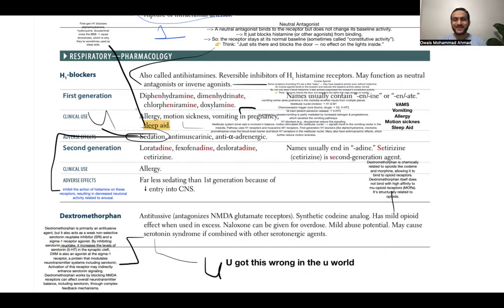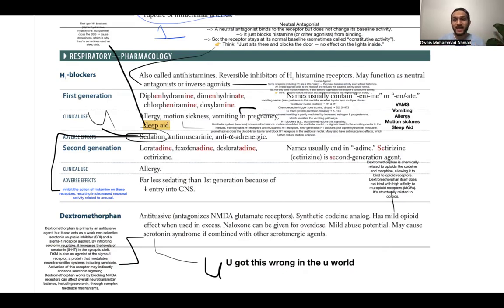Now, first generation antihistamines usually have names containing en, ine, or ate: diphenhydramine, dimenhydrinate, chlorpheniramine, and doxylamine. Essentially, we have four key drugs. Of course, the most common use of antihistamines is allergies.